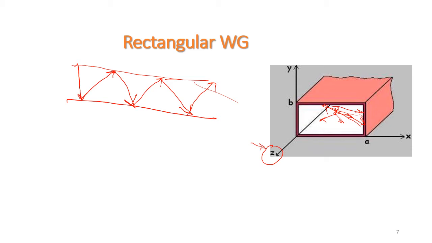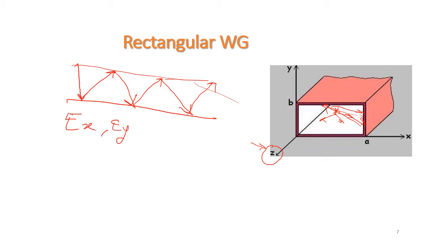Now, as the signal is propagating along the z-axis, we have already studied the characteristics of microwave signals, that is, the electromagnetic signal. When the signal is propagating along the z-axis, then if it is an electrical signal, the components Ex and Ey are present along the x-axis and y-axis.